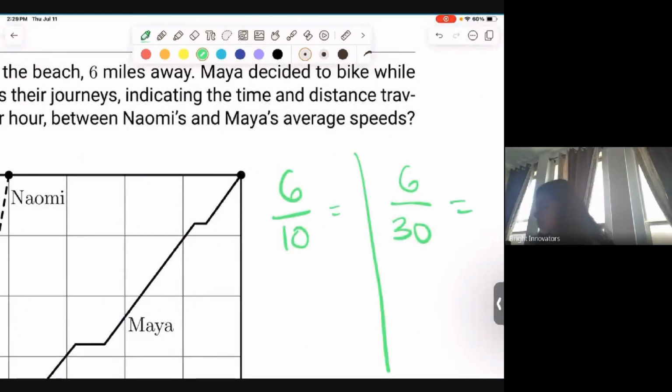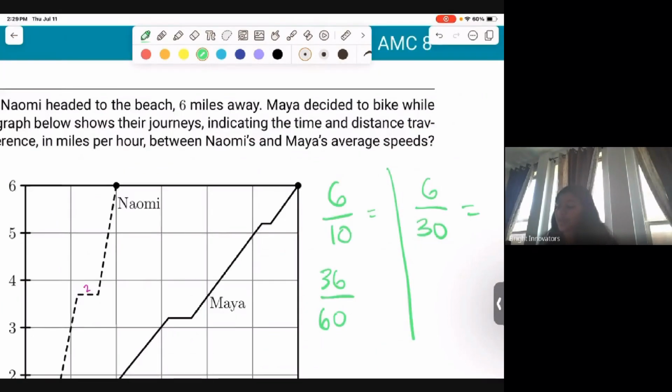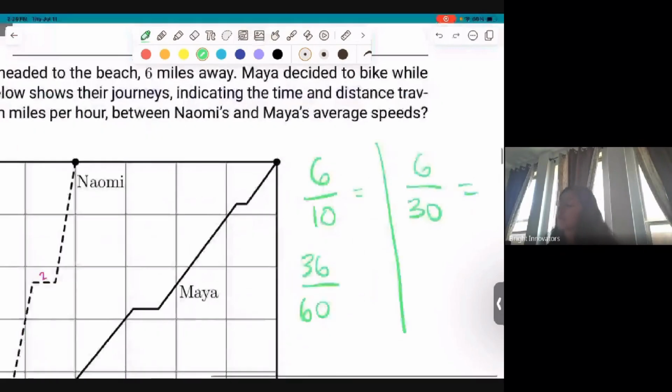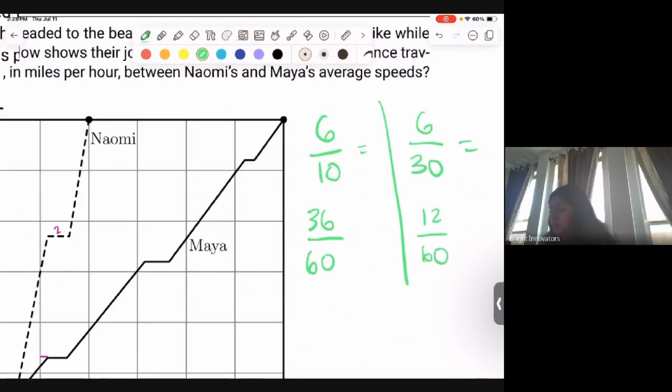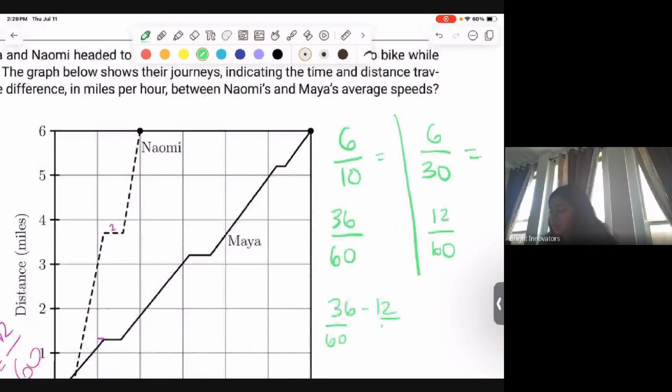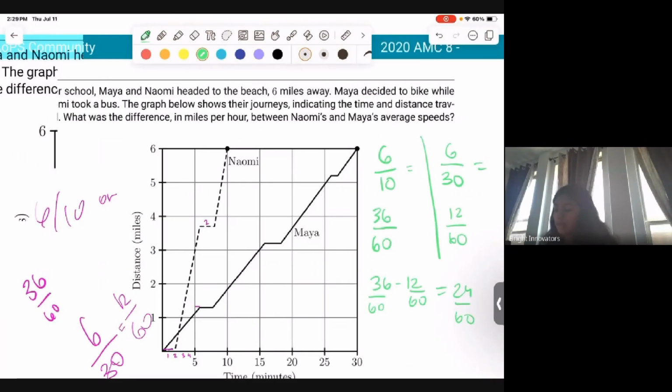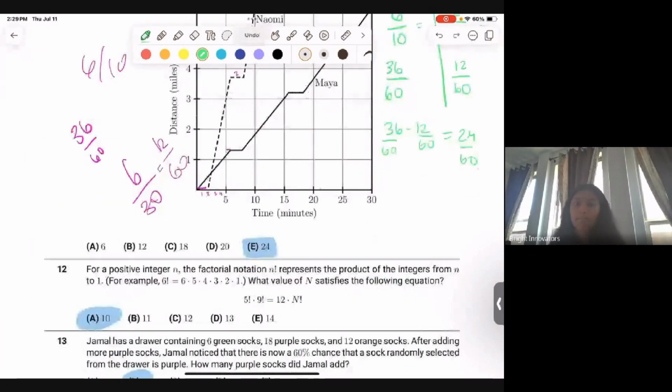And then 6/10 is the same as 36/60 because you want to find it in miles per hour, and each hour has 60 minutes. So then 36/60, the other one is 12/60. And then 36/60 minus 12/60 is 24 miles per hour. And then that's E. Does that make sense?